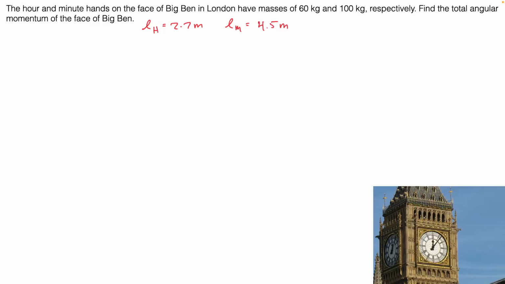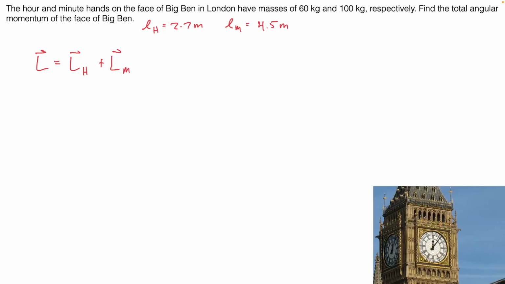So we want to find the total angular momentum of one of the faces of Big Ben. The way we're going to do that is add together the angular momentum of the hour hand and the minute hand separately. When I say add them together, I mean add them together as vectors.